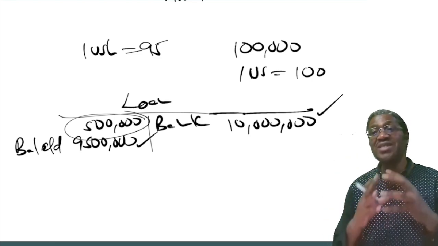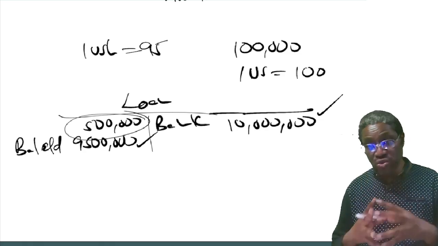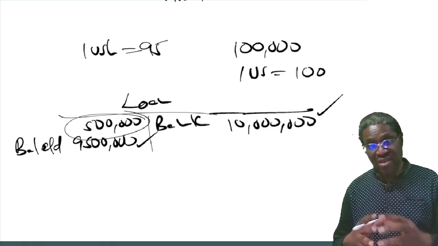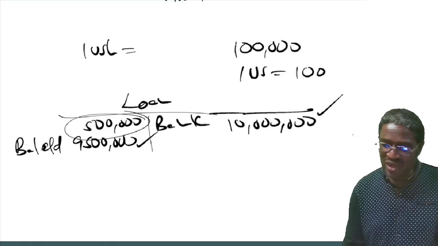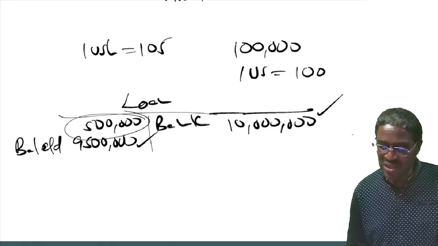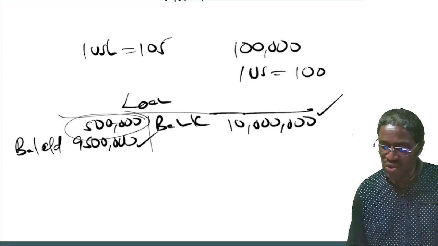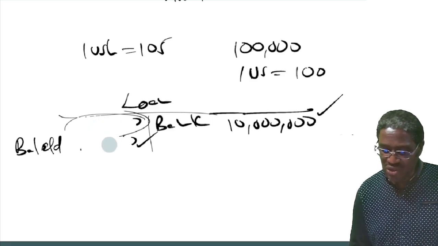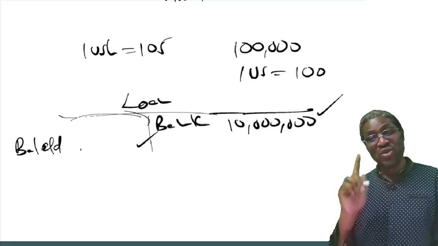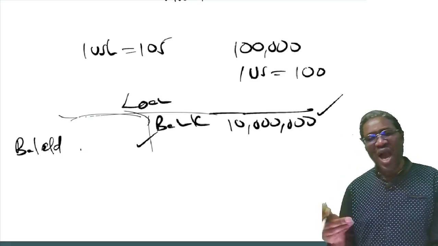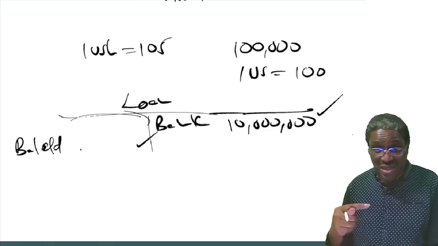That 500,000 came because of the differences or the fluctuations in the exchange rate. That to you is a gain. What if by the end of the year, $1 was equivalent to 105 Kenya shillings? You will have carried down your loan by how much? You will ask yourself, for me to raise $100,000, how many Kenya shillings do I need?